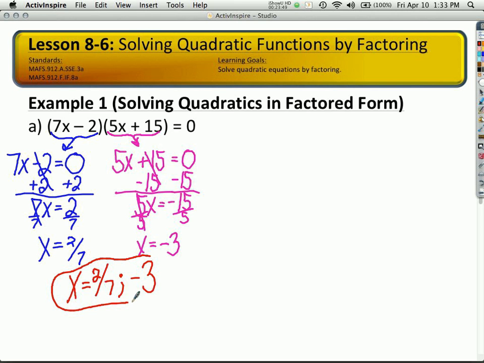Those are the two locations where the graph crosses the x-axis. Those are the zeros of the function, those are the x-intercepts, and those are the solutions. So this is all because of the zero product property.